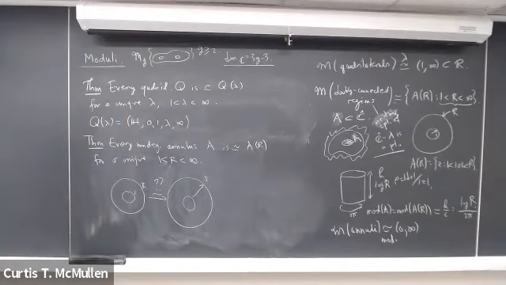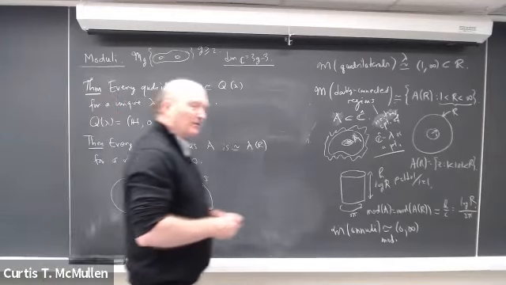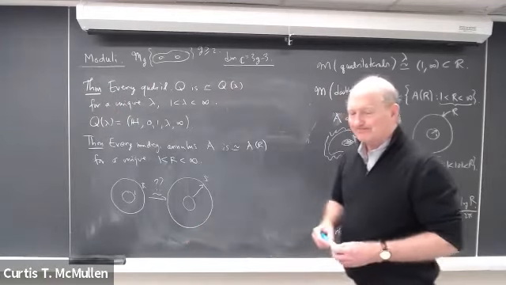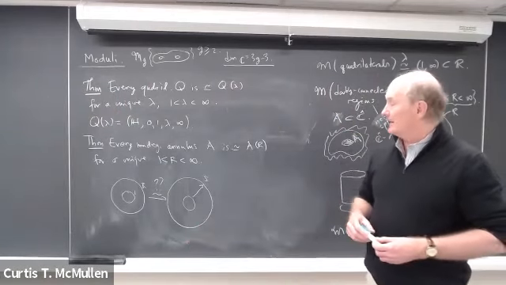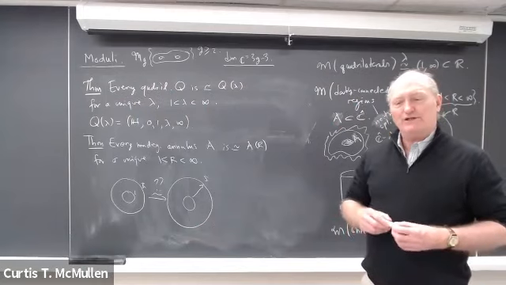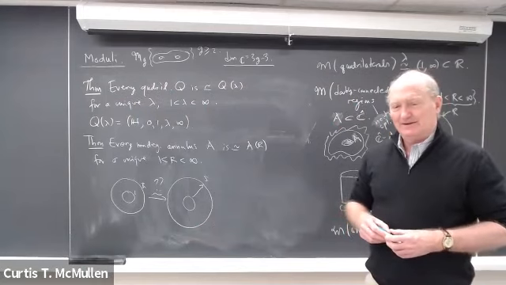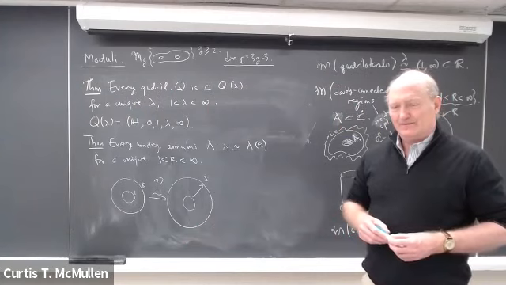Could there be a conformal map that sends one to the other when R is not equal to S? In fact, there can't be. How would you prove that? You could use the length of the core curve. Ooh, that's a good proof.